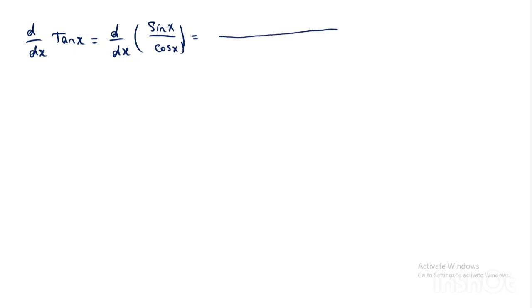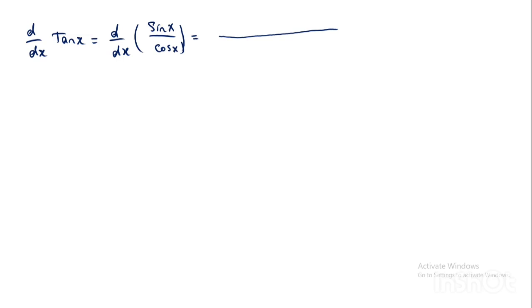So writing tan x as a quotient of sine x over cosine x, and using the division rule, we have sine x over cosine x. We will use the division rule in the following format.